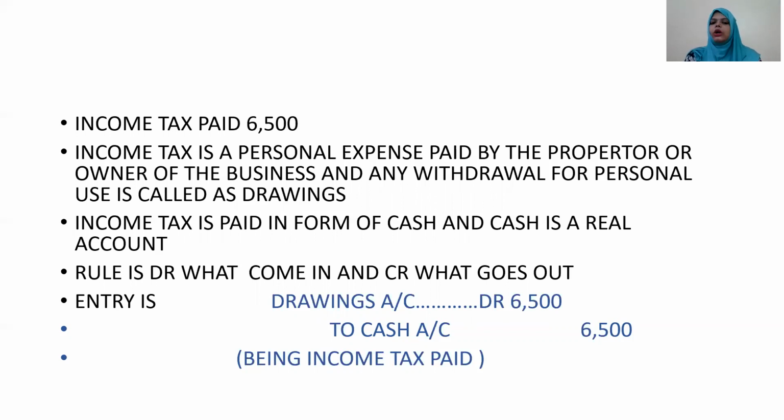So the rule is debit what comes in and credit what goes out. Drawings is always debited, and if it is a personal account, debit the receiver and credit the giver. So drawings account debited 6,500 to cash account 6,500 being income tax paid.